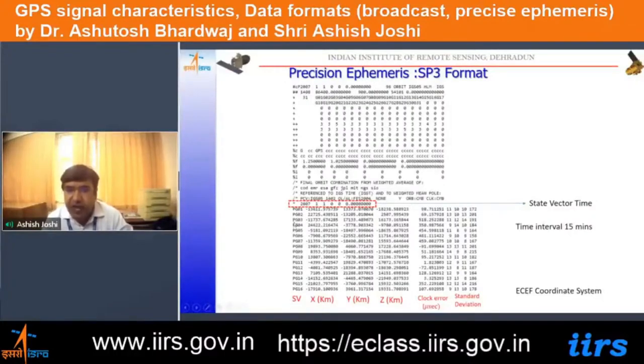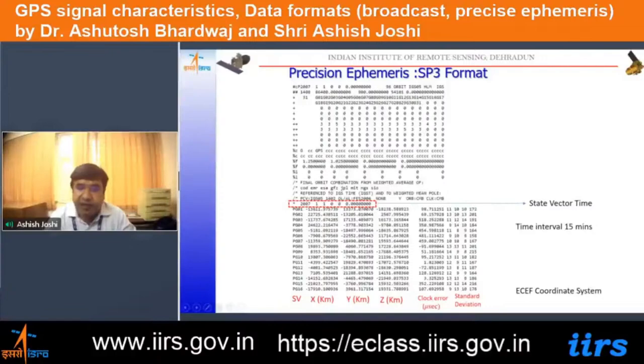So we have different positions at a particular time. The state vector times have time intervals of 15 minutes, so after every 15 minutes we have the satellite positions. This is the state vector, this is the X, Y, and Z, and this is the clock error, and this is the standard deviations.